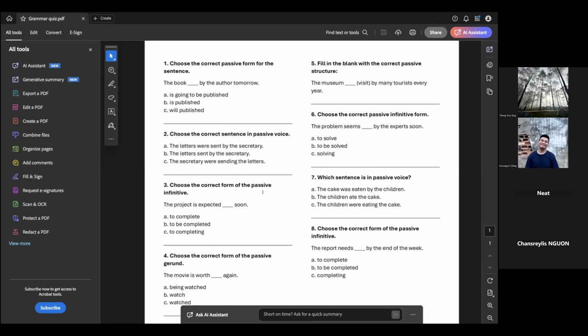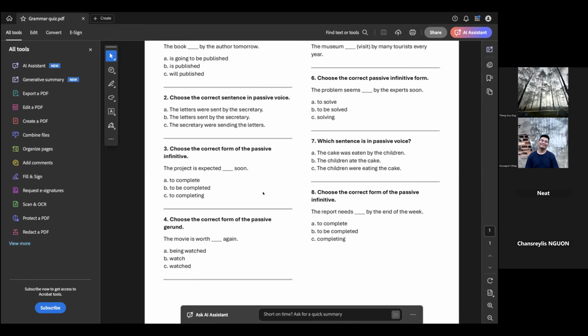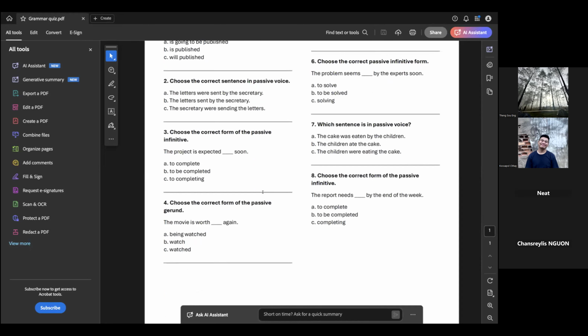Yes, letter A. Number 3: choose the correct form of passive. The project is expected to be completed soon. Yes, right? B.